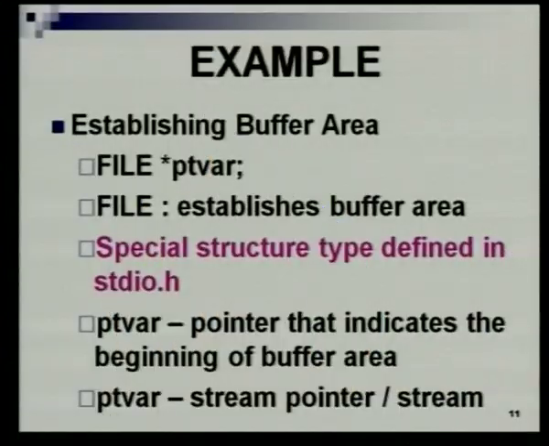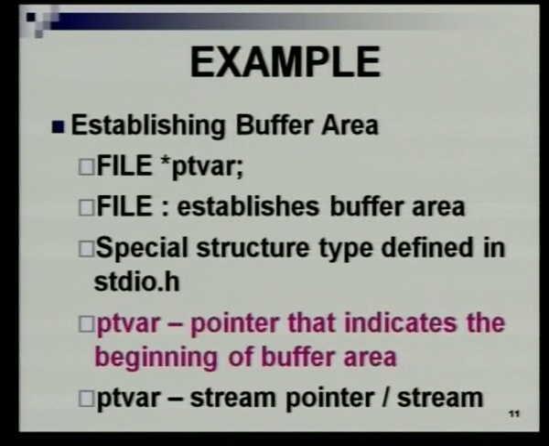When the C compiler sees this FILE keyword in your program, it will immediately try to identify a buffer area. This buffer area is a special structure. FILE, in caps, already has a predefined meaning which is stored in the stdio.h header file. ptvar is nothing but a pointer variable name.